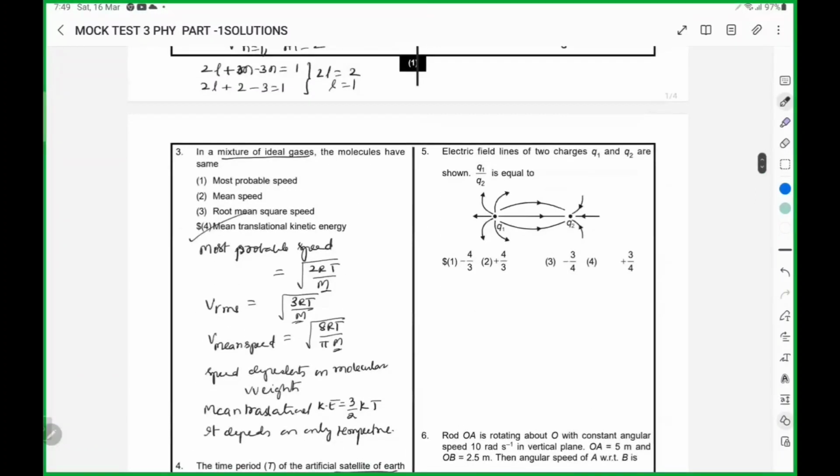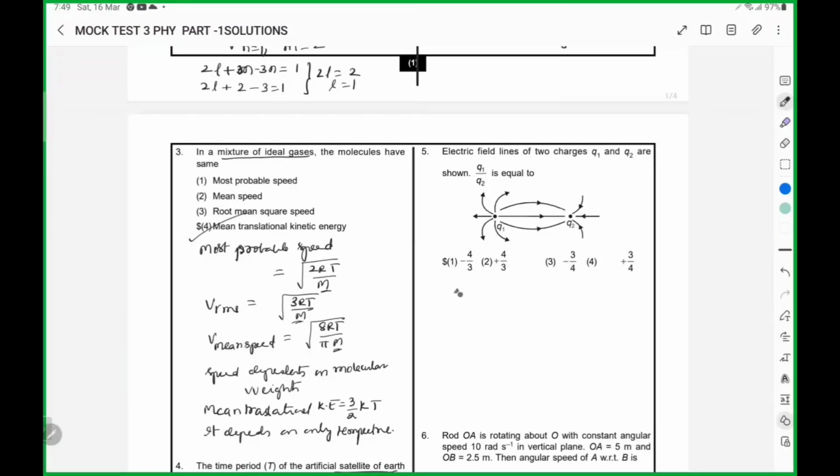Here it is. How many lines are leaving from the charge Q1? How many lines are terminating at Q2?